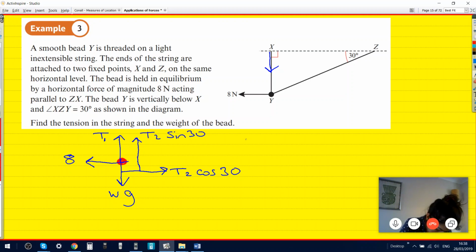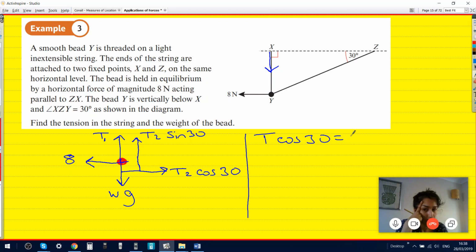So T cos 30 equals 8. No, because there's also Z cos 30. This one here is T cos 30, and this one is T sine 30.